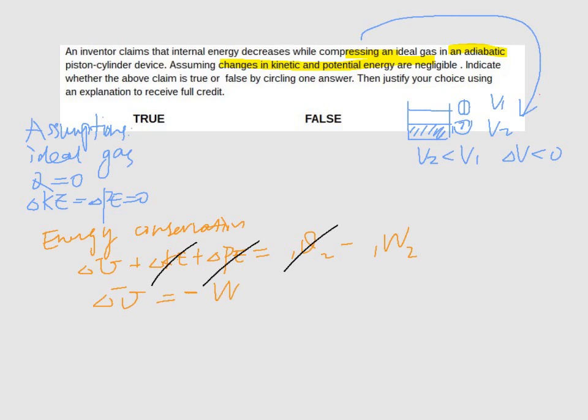Make sure there's a negative sign in front of it. Okay? And work can also be written in terms of volume, right? Pressure times dV.